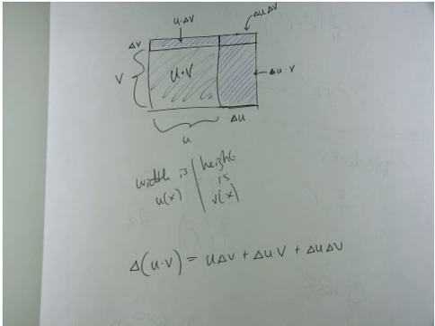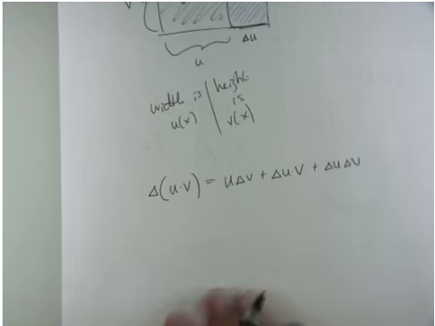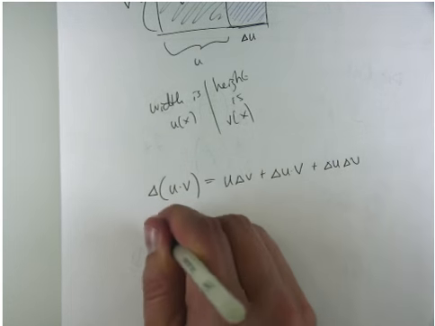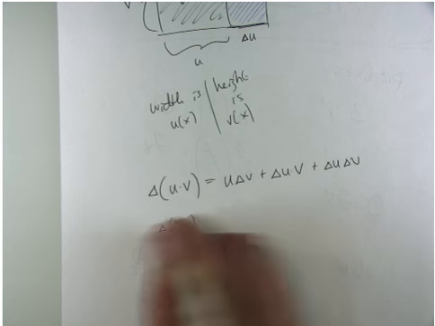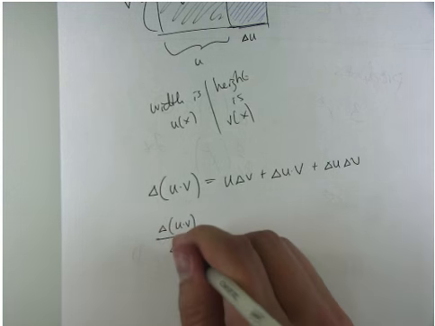Now, since we're talking derivatives, and I've got these deltas in here, here's how I might be measuring the change in that product, but I'd like to know how am I measuring that change with respect to? What am I changing, and what is the outcome? So the derivative might look something like this: delta of UV divided by delta x.